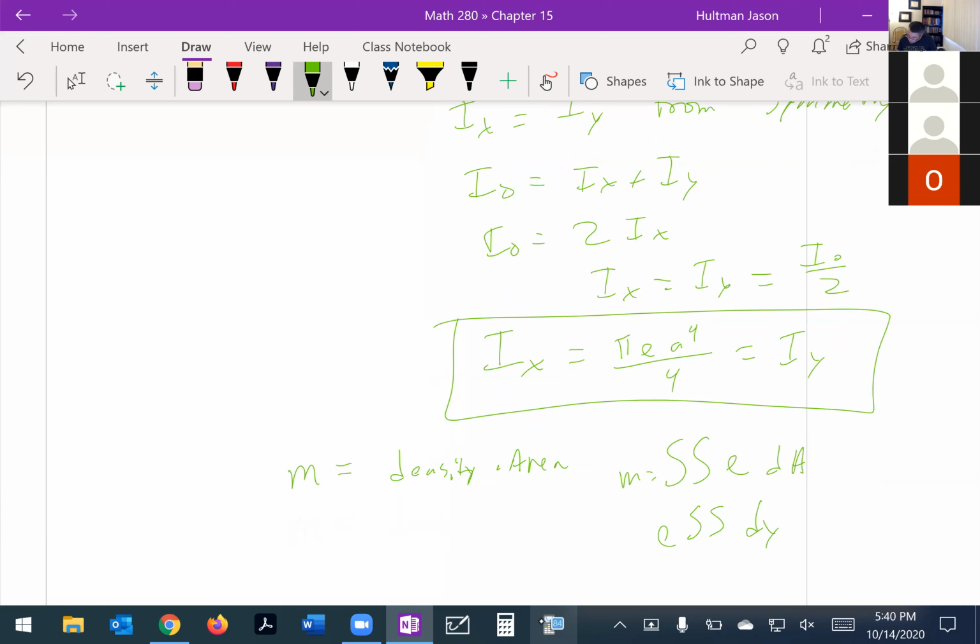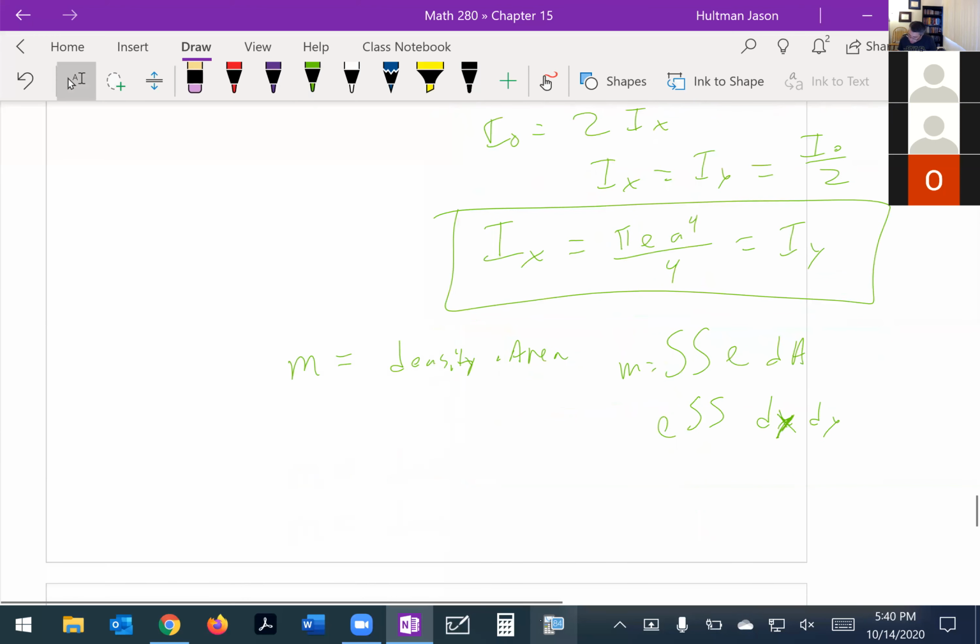Then we want to change this to polar coordinates. This is going to go from 0 to a, 0 to 2 pi, r dr d theta.